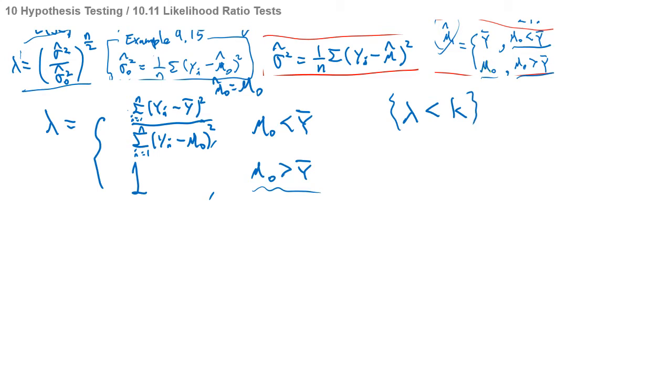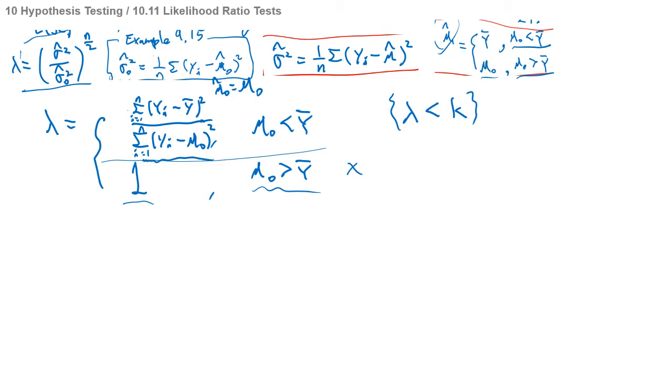This would be our rejection region, and 1 is the maximum value that we can achieve. So we don't need to consider this case. This is the maximum case of the lambda. So we will only focus on this case. And to do that, let's check how we can re-express this one.